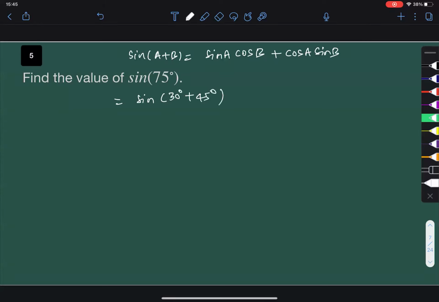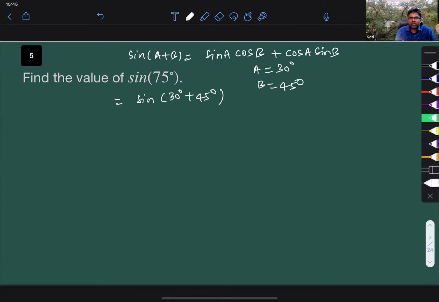So your A becomes 30 degrees here, and then B is 45 degrees. So now sine 30 degrees multiplied by cos 45 degrees plus cos 30 degrees multiplied by sine 45 degrees.